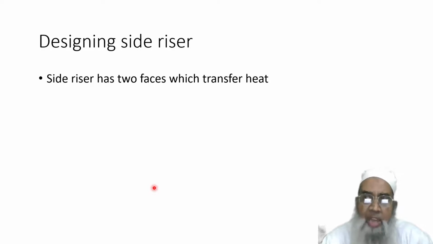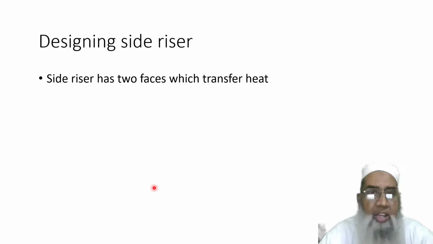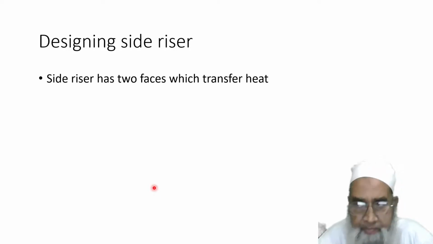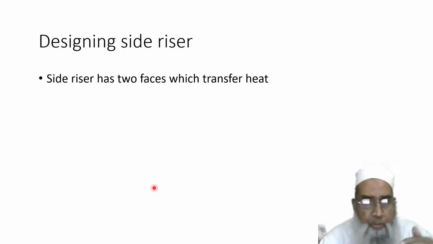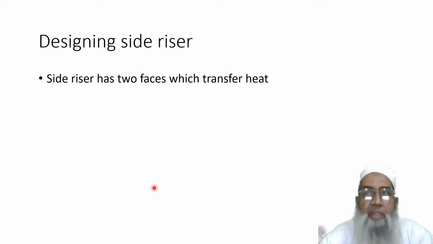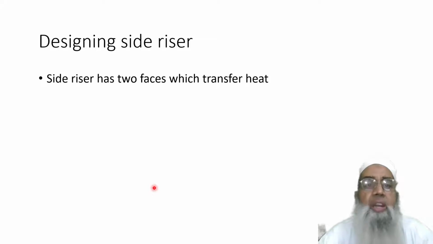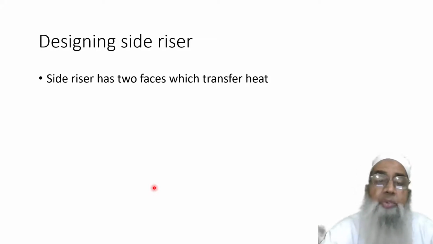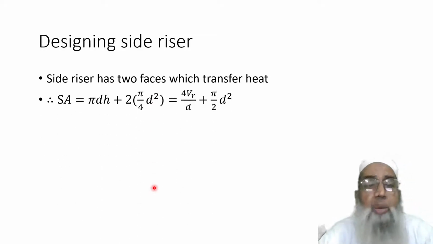And the bottom surface, as it is in contact with the mold cavity, won't have any heat transfer. While in case of a side riser, both the top and the bottom surface will be exposed to the environment, and the surrounding curved surface will also be exposed, and therefore heat transfer will take place through both the flat surfaces and the curved surface. Therefore we have to consider the rate of cooling with all these surfaces, and the surface area to volume ratio remains the same.